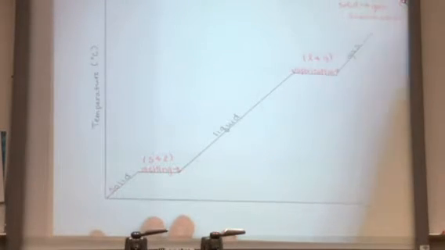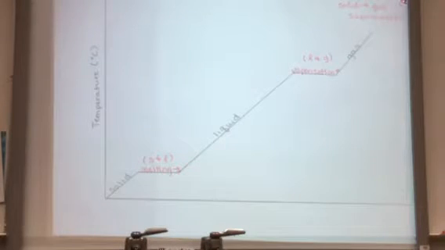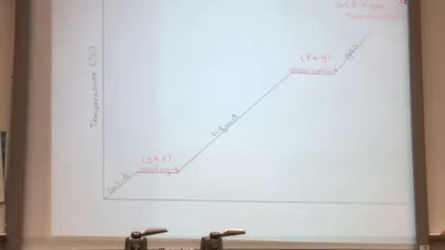If you go from a solid to a gas, completely bypassing the liquid stage, that is called sublimation. You guys will see a lot of this second semester when we start talking about gases and gas laws. We'll do a lot of labs with dry ice.